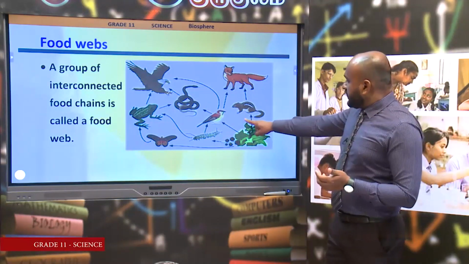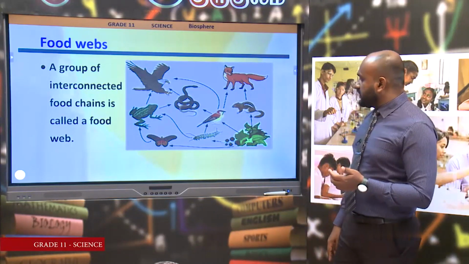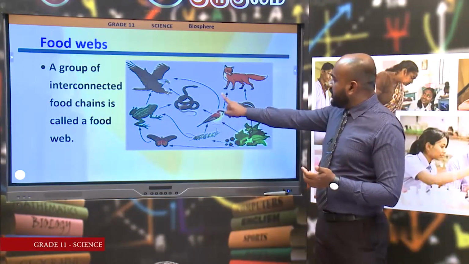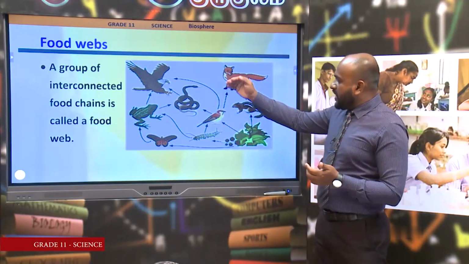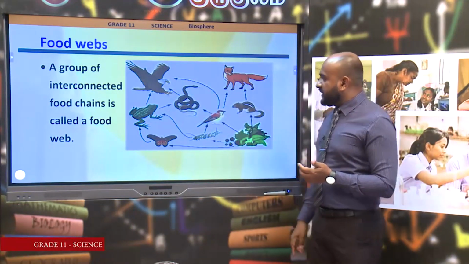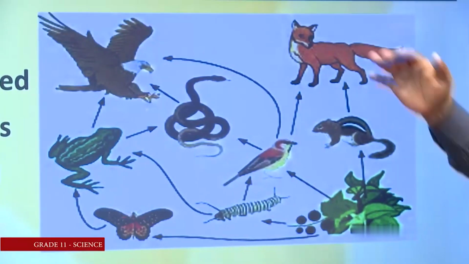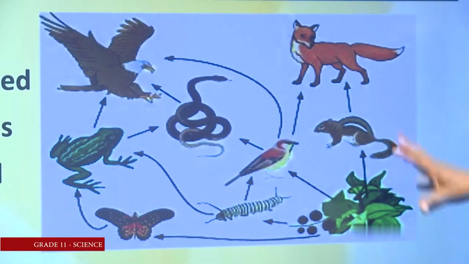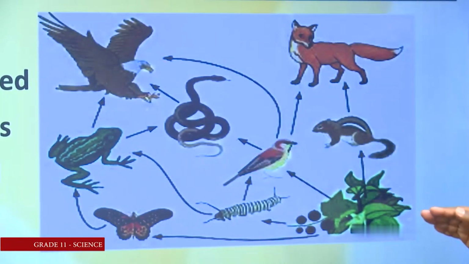You can see that here this plant is eaten by 3 animals, and this bird is eaten by 3 animals. So, in that way you can see how one animal becomes a link in several food chains. That is why we get interconnected food chains in the environment. This is how it exists in an environment, not as separate food chains. So, we get food webs.